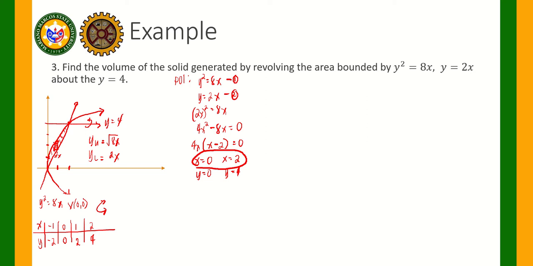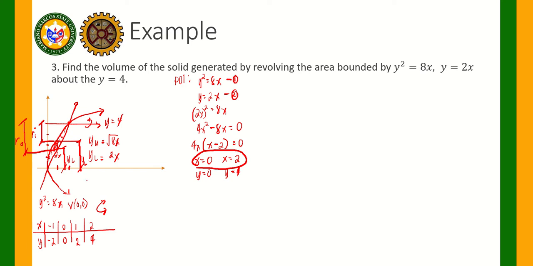This is our R inner since it is closer to the axis of rotation, and our R outer will be this one. Now, our y lower is this, and our y upper is this one. So they are not in the same positions as our R inner and R outer.